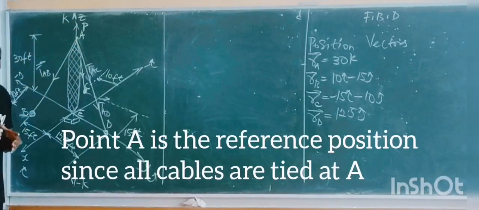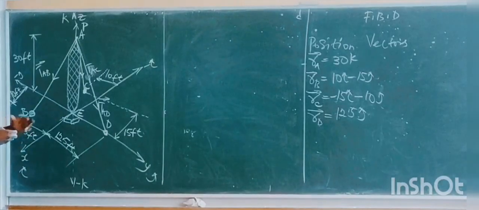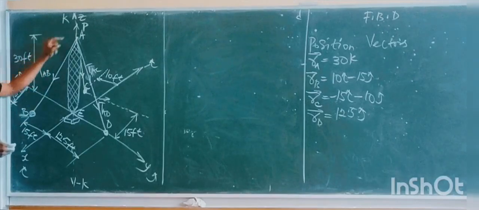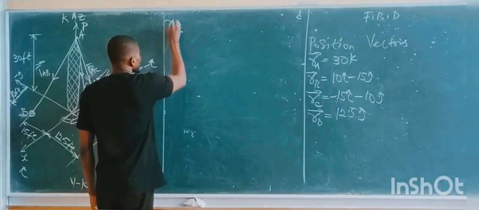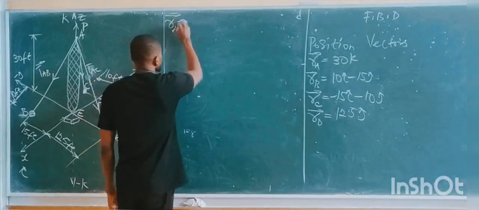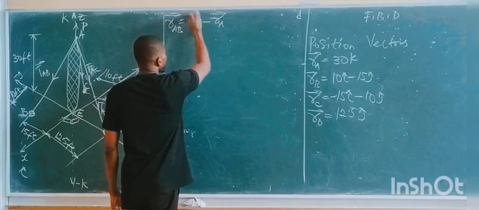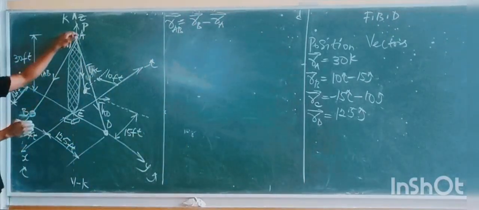The reference vector. To find the position vector between A and B, you simply have vector AB, and vector AB is simply vector B minus vector A. So vector A remains the reference vector. So every other vector moves to locate what? Point A.